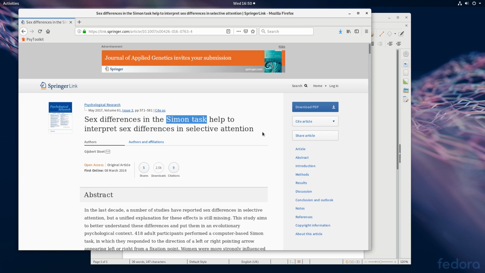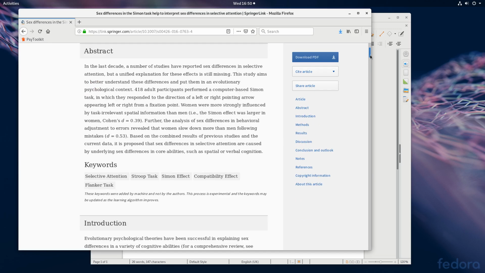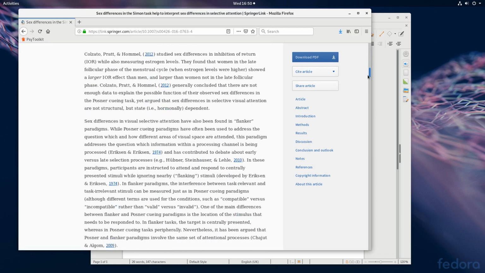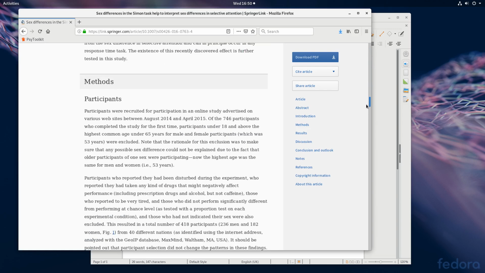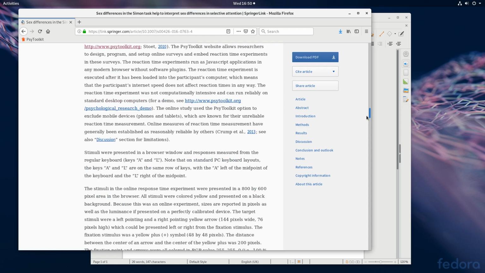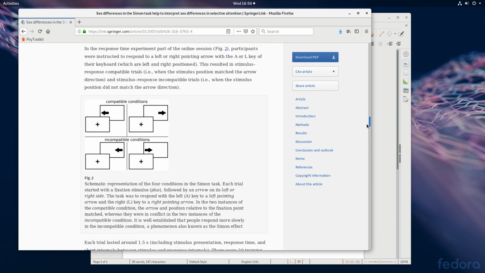It's a slightly different question, of course. But if you go to the methods, you see that there is some sort of graphical representation here of what the task looks like.